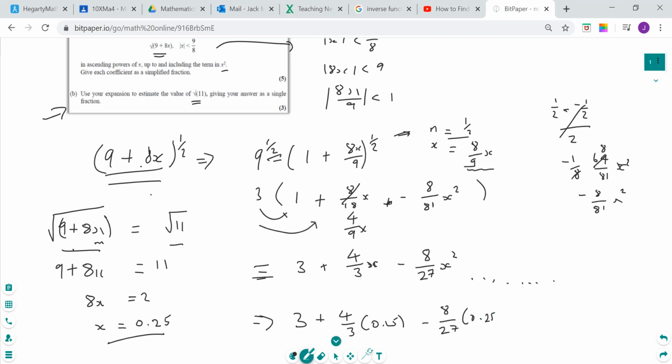Okay, so I'm just going to type this all into a calculator, and let's have a look what it says. So 3 plus 4/3 times 0.25 minus 8 over 27, which is multiplied by 0.25 being squared.